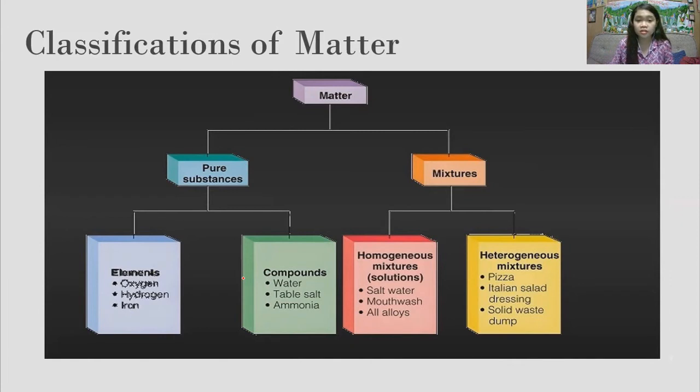So all matter is classified as either pure substances or mixtures. Pure substances, also known as substances, consist of only one type of substance and can be classified as either elements or compounds.